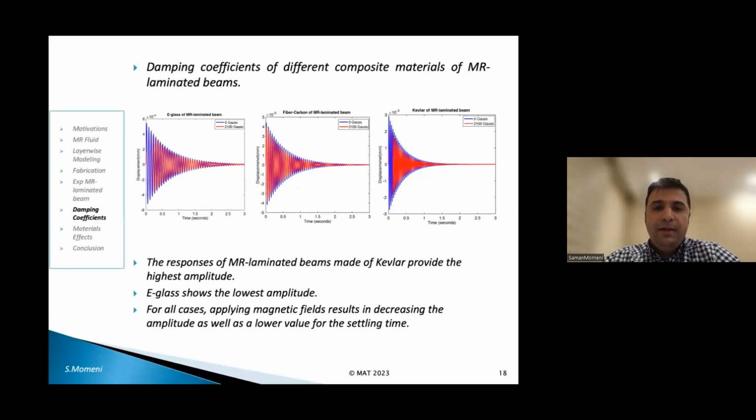And by applying the impulse loading, these three figures show the displacement of e-glass, fiber carbon, and Kevlar, and the responses of the structures show that the MR laminated beam made of Kevlar provides the highest amplitude, and e-glass has the lowest amplitude.